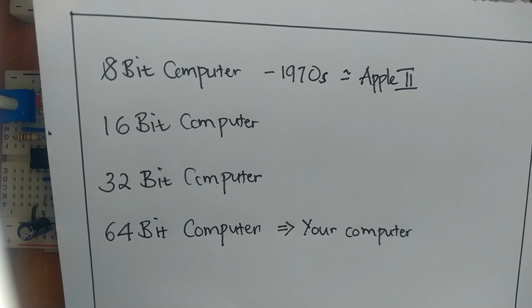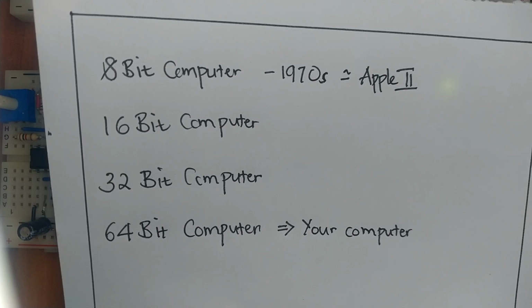8-bit computers came into light in the 1970s, and one good example was the Apple II, which was a very simple to use computer. Even though it is an 8-bit computer, back then it was regarded as a very fast computer. And gradually we came to the 16-bit, 32-bit, and the 64-bit.